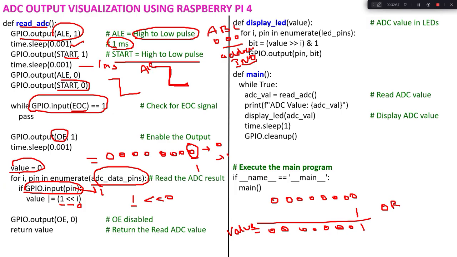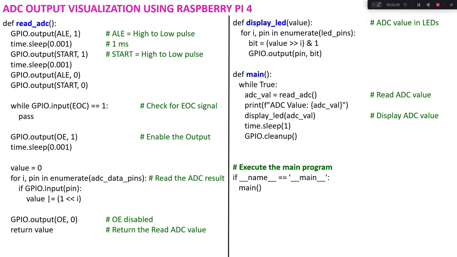When the for loop runs for the second time, let me put it one more time. The value initially was 0, 0, 0, 0, 0, 0, 0, 0, so that we have set here. I am reading the first pin. When the for loop runs for the first time, the I value will be 0, so I am going to read that value.